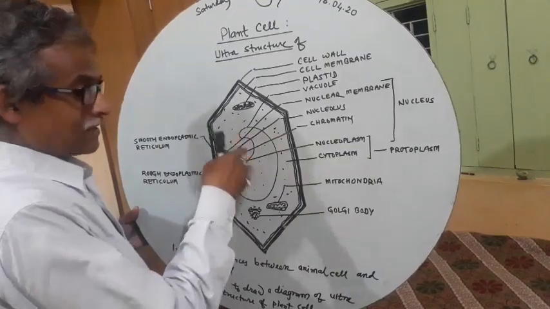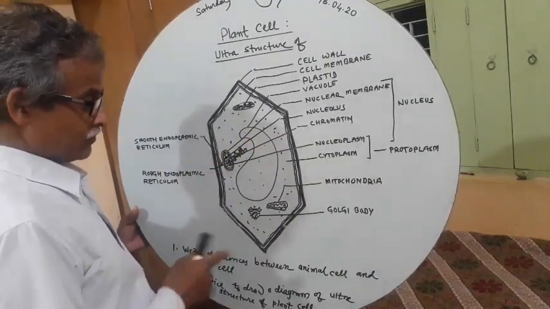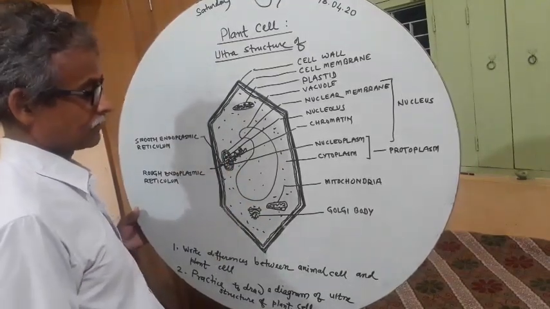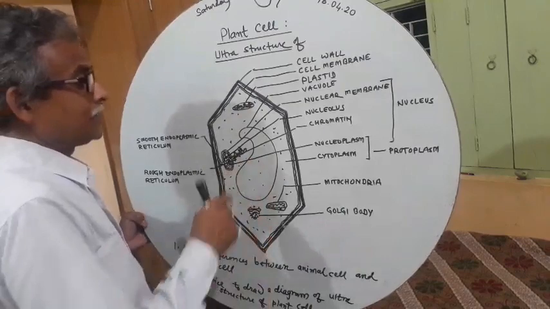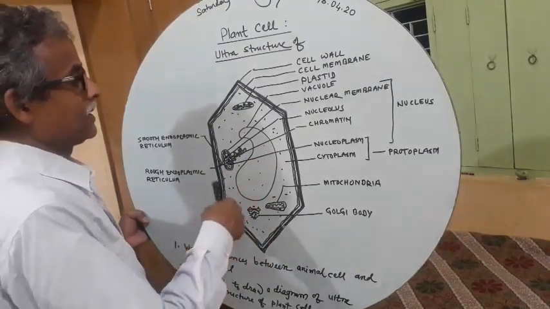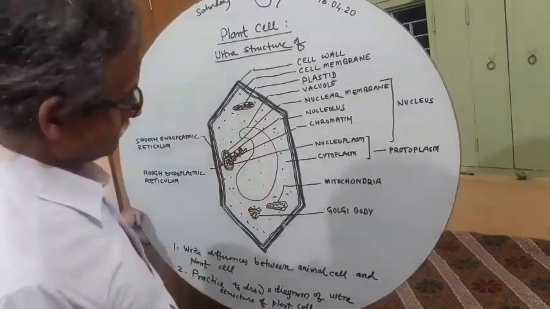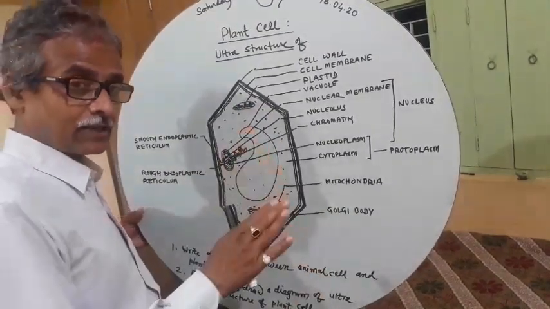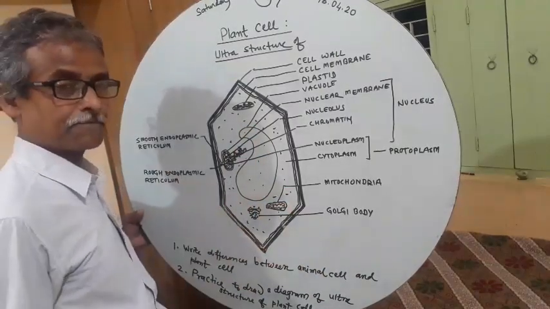Nucleus is central in animal cell, but generally it is peripheral in plant cell. Size of vacuole is smaller in animal cell, it is larger in plant cell. Lysosomes are found in animal cell, not in plant cell.